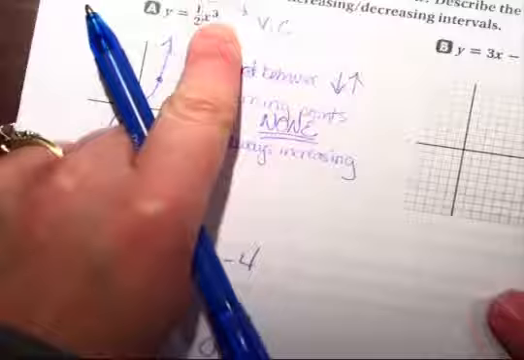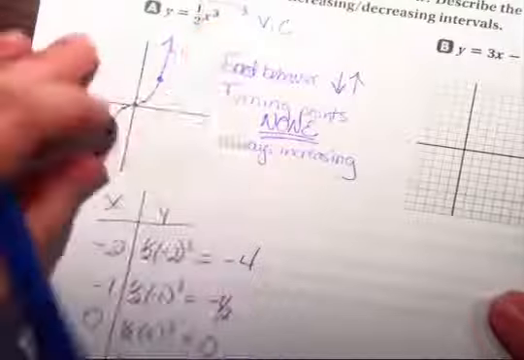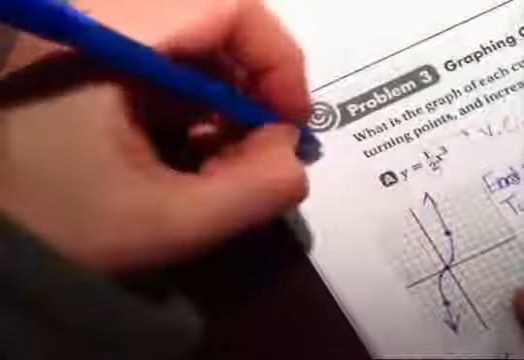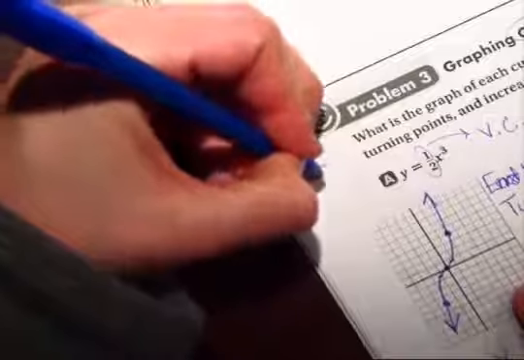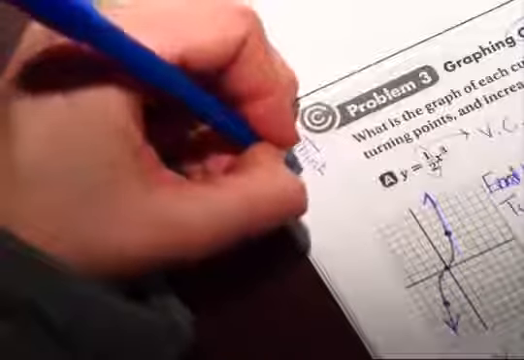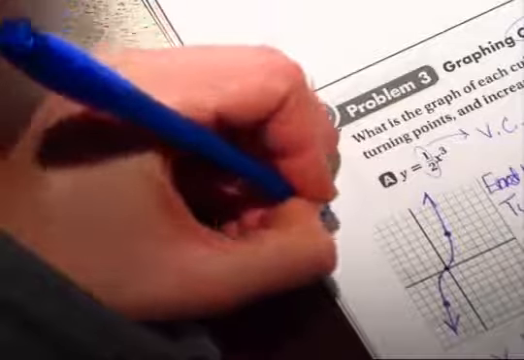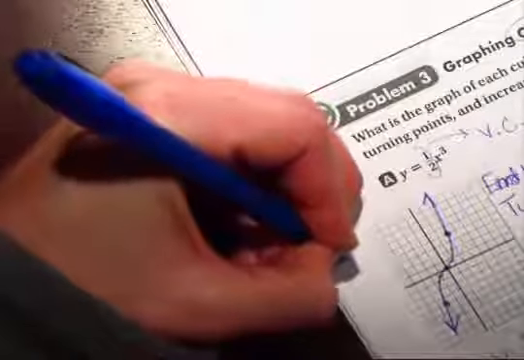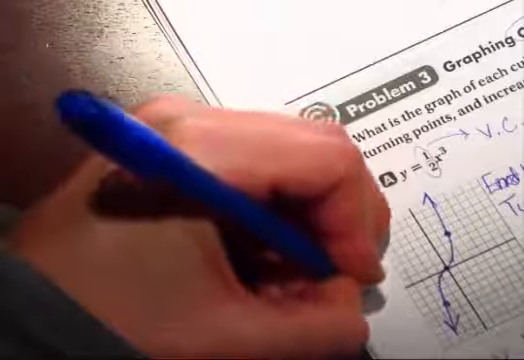Okay? So remember how we said that you take your exponent and you subtract 1? So you might think on this one that it should be 3 minus 1 equals 2 turning points. You might think that, but this one, remember, this is just a most likely.